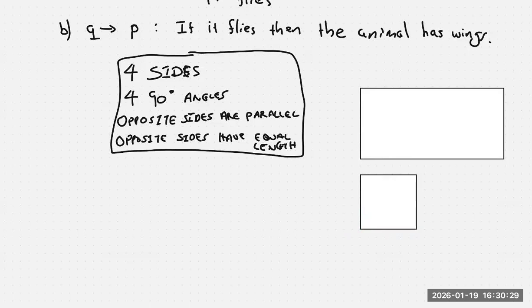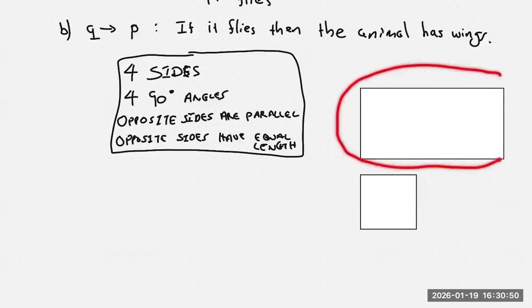So it is true to say if it is a square, then it's a rectangle. That's always true. It is not always true to say if it is a rectangle, then it's a square. This thing down here is a rectangle, and it's a square. Seems true, but look at the one above. This is a rectangle, but it's not a square. That will make the statement false.